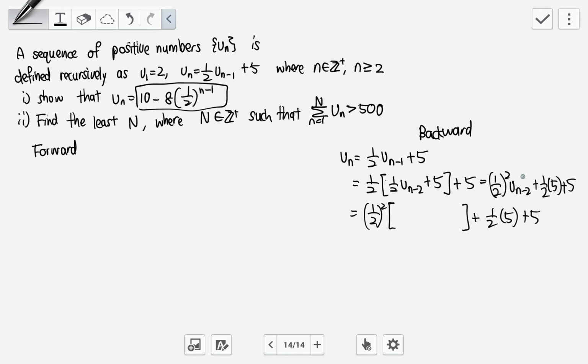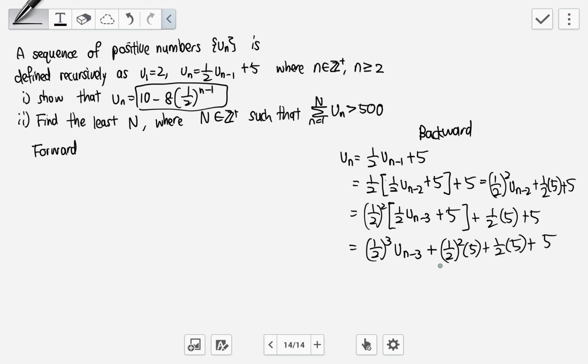So un minus 2 is just half un minus 3 plus 5, and so this would be half cubed un minus 3. We are just simplifying this so that later the working is easier to do. So half cubed un minus 3 plus half squared times 5 plus half times 5 plus 5.